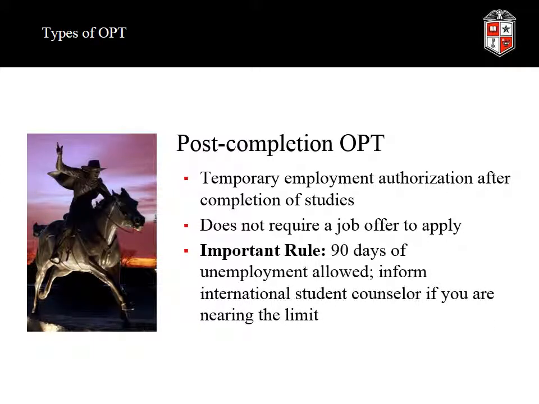You are allowed 90 days of unemployment during the 12 months of your OPT when you apply for post-completion OPT. So you need to communicate with your advisor if you are nearing that limit or are having a problem, in other words, finding a job during that period of 12 months.